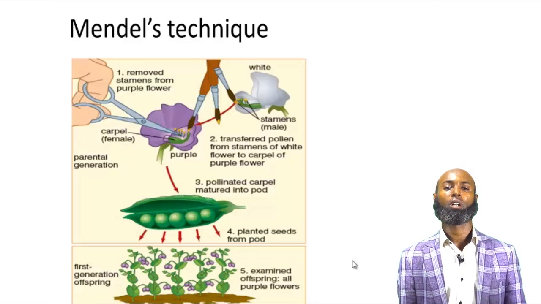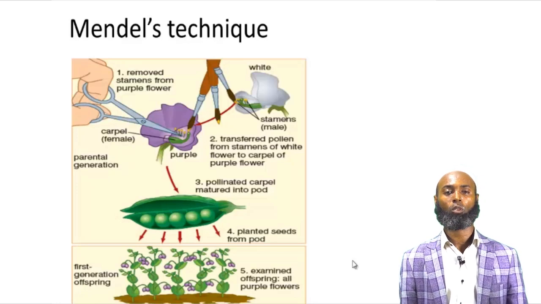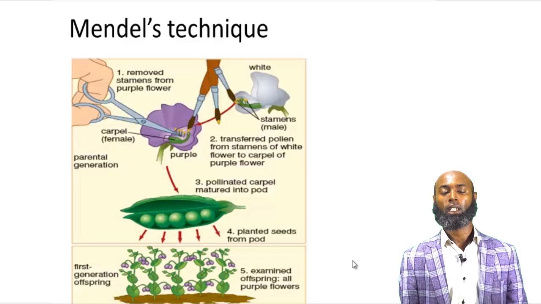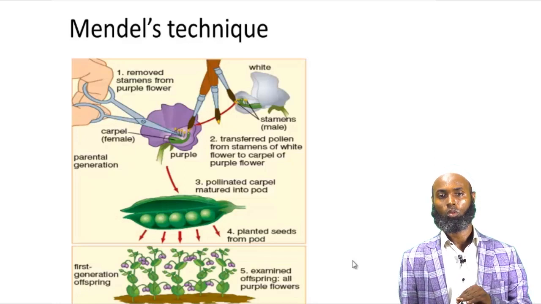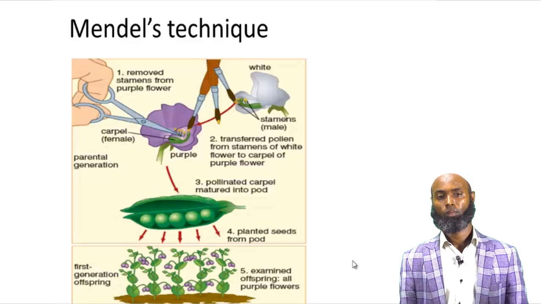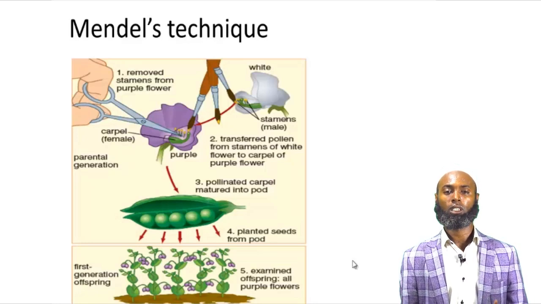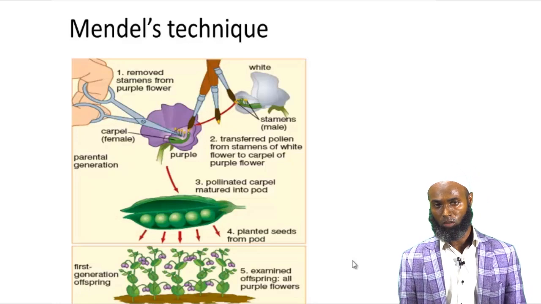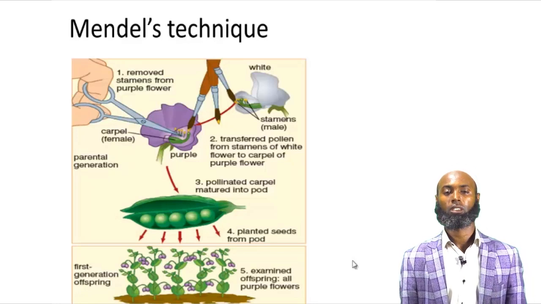From this picture, you can see that he first removed the stamen from the purple flower. Then he transferred the pollen grain from the stamen of the white flower to the purple flower. In step 3, he pollinated it, it matured into a pod, and then he planted these seeds.